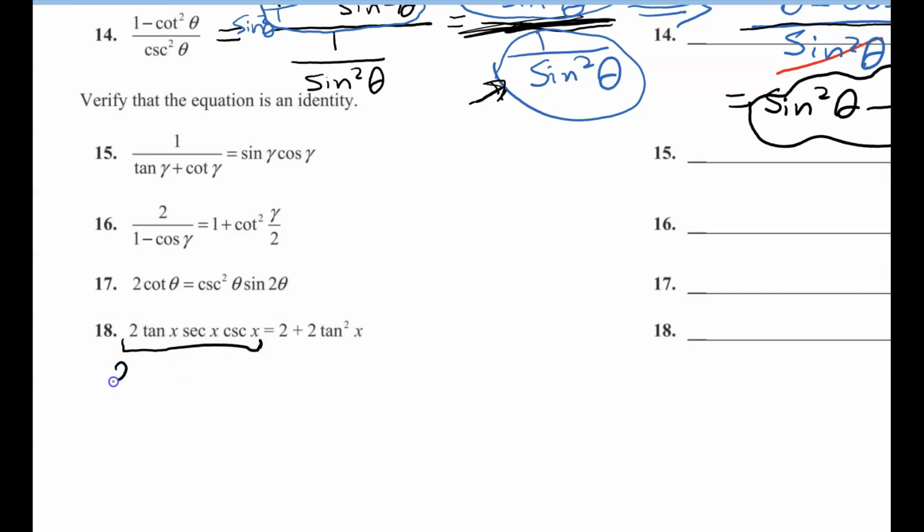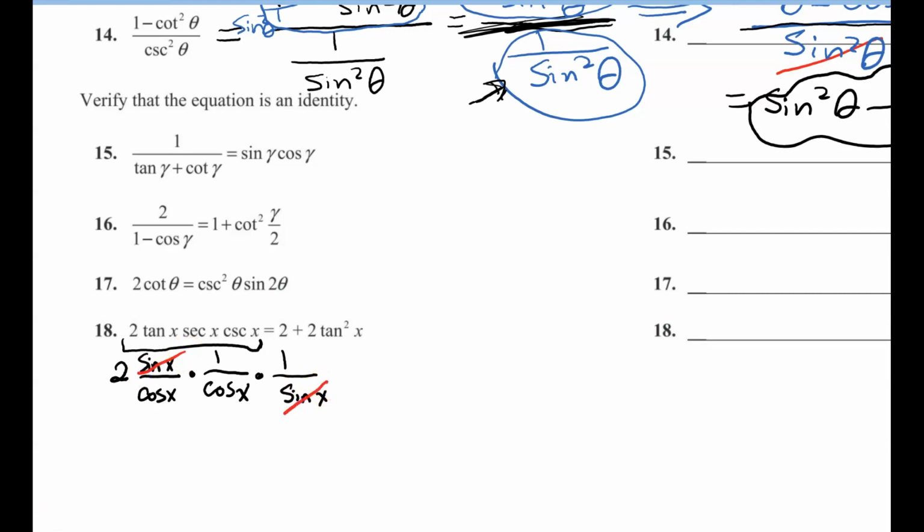So in this case, instead of tan, I'm going to write sine x over cosine x. Instead of secant, I write 1 over cosine. Instead of cosecant, I'm going to write 1 over sine.